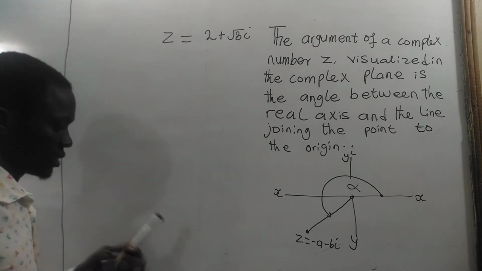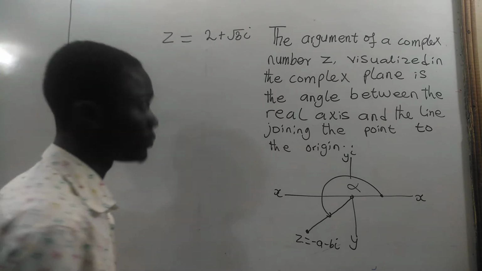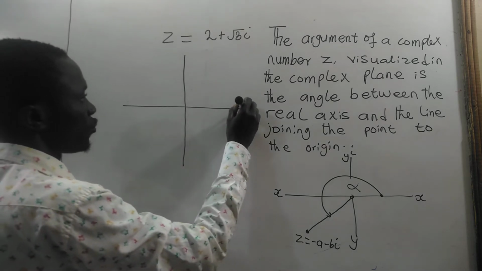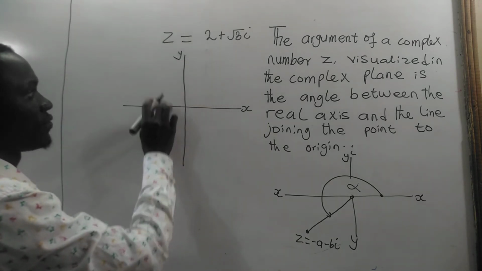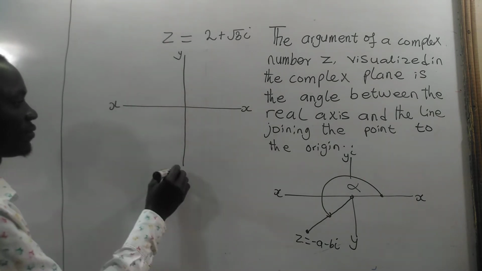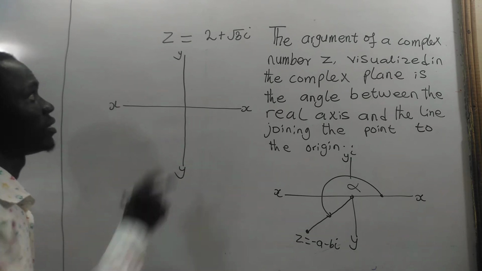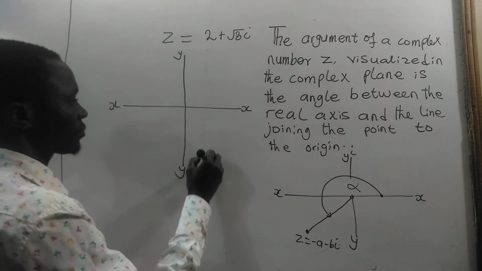Now, let us draw the complex plane. We have the positive real axis and the positive imaginary axis. This is the negative real axis and this is the negative imaginary axis. So here we have z equal to 2 plus root 3i.